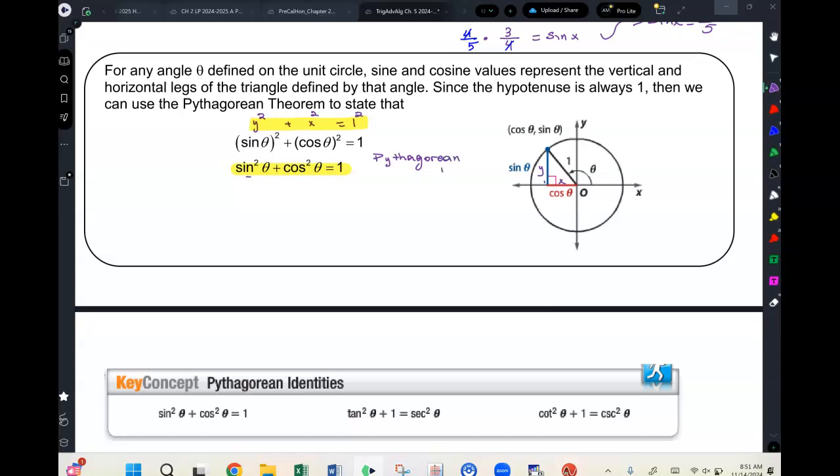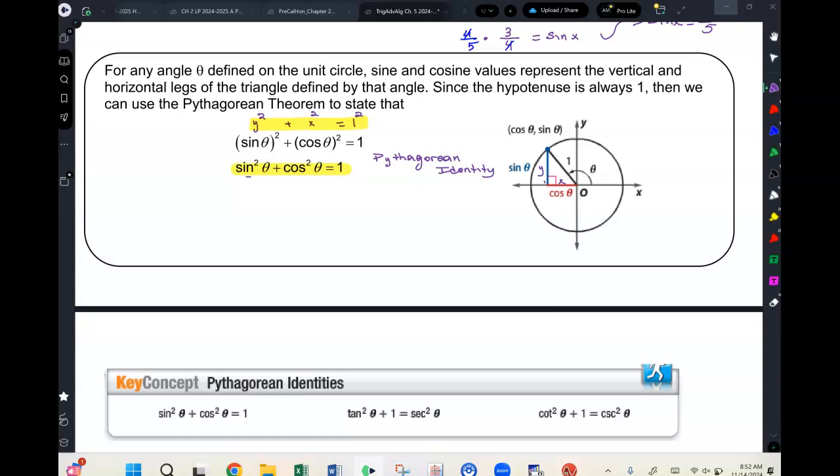It is really the VIP of trigonometric identities. It's like the Drake of all identities. Yeah, it's huge. All right, it's the Pythagorean identity. Now, it's got 3 forms. This is definitely the main one: sine squared theta plus cosine squared theta equals 1.